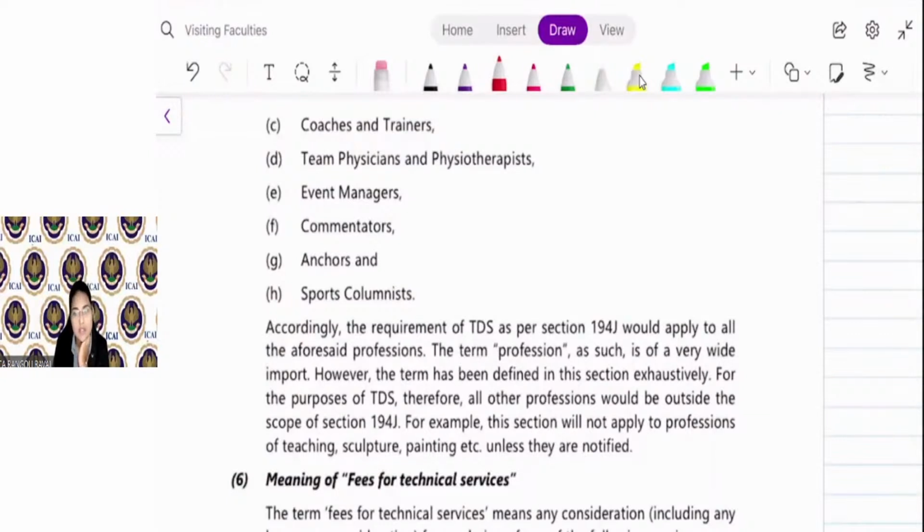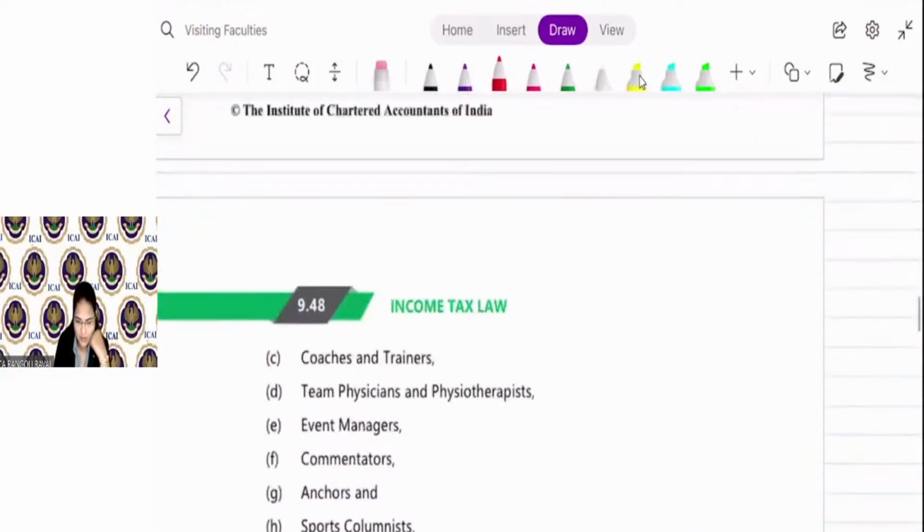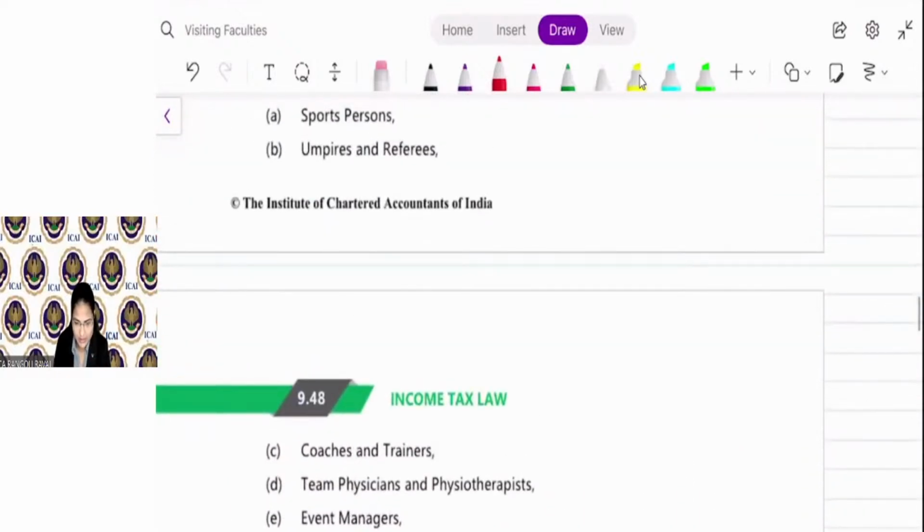The definition of this section is exhaustive. So if any service is given which is not covered under 44AA or the above notified services, then 194J is not applicable. For example, profession of teaching.